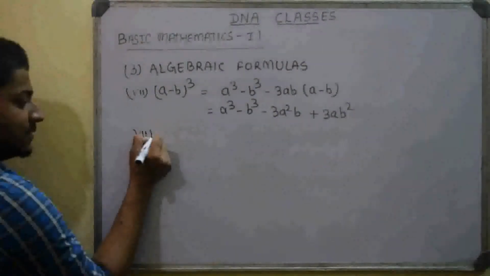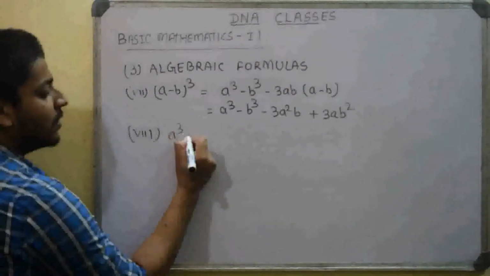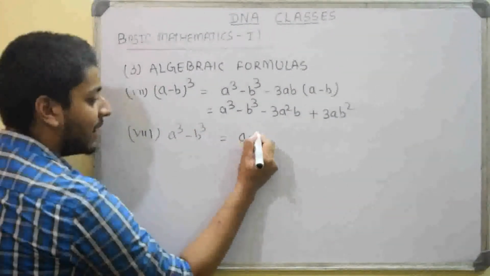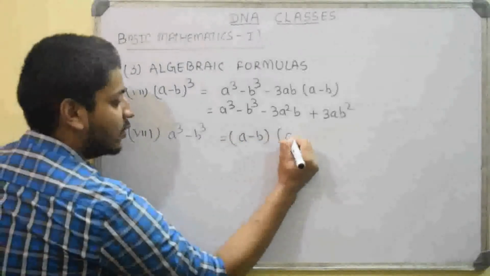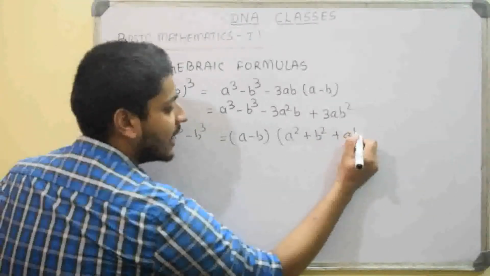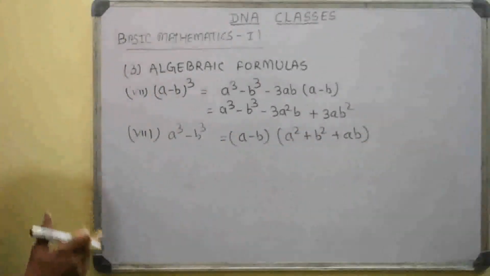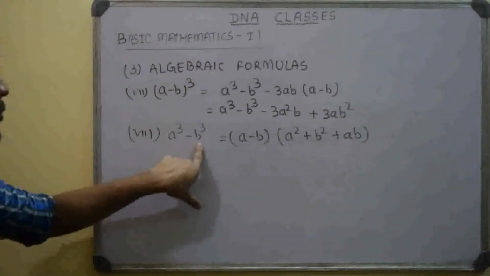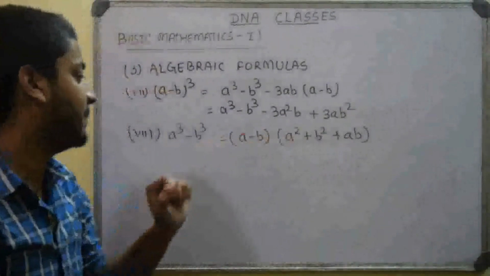Next formula is a cube minus b cube. A cube minus b cube we can write as a minus b into a squared plus b squared plus ab. You have to keep in mind that if it is a cube minus b cube, you have to take plus ab.